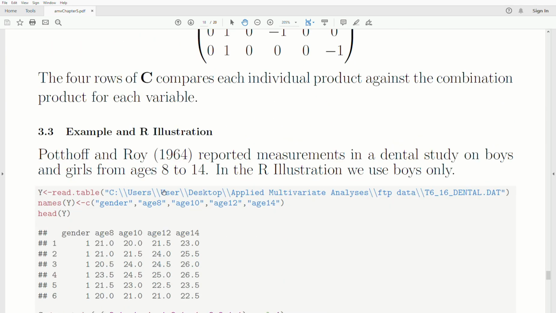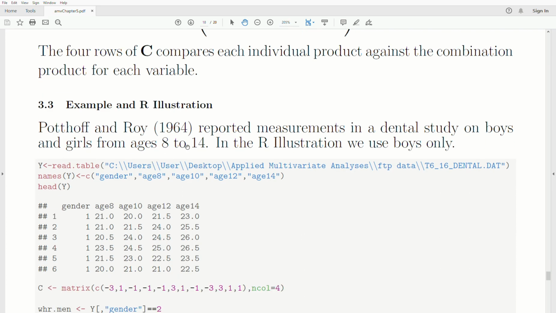So this would be one way to test that. Let's do an R illustration. Potthoff and Roy in 1964 reported measurements in a dental study on boys and girls from ages 8 to 14. And in our illustration, we're going to separate the boys. So I read the data from a data set from an FTP site, and there's 5 variables: gender, and then age 8, 10, 12, and 14.